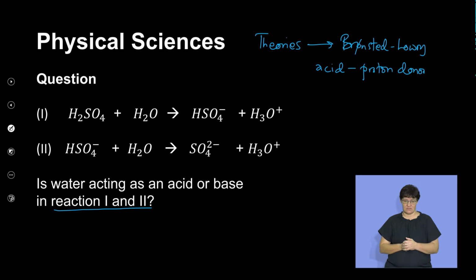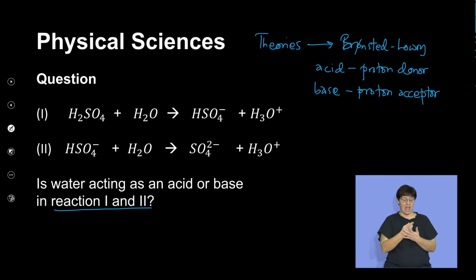While it identifies a base as a proton acceptor, okay? Simple and straightforward. So in an acid-base reaction based on the Bronsted-Lowry theory, there is a transfer of protons. So there is a donor-recipient type of a relationship.